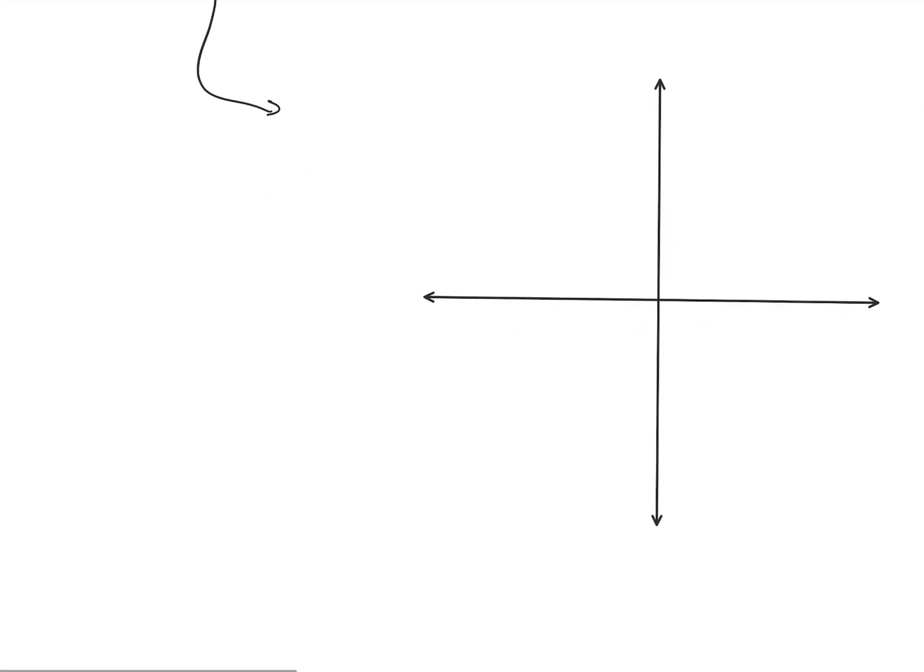If we're 20 units or less from the origin, one way we could do it is to jump all the way over to 20. I'd end up taking 20 steps to the left or 20 steps to the right. And what we said is that it has to be no more than 20, so 20 or less. That means I could also stop at 15 or 3 or anywhere in between.